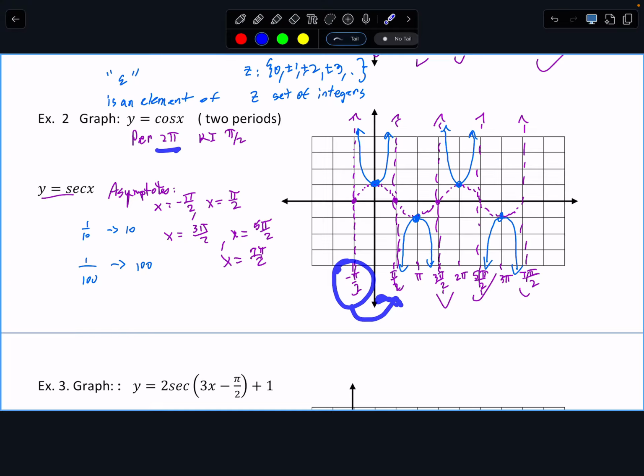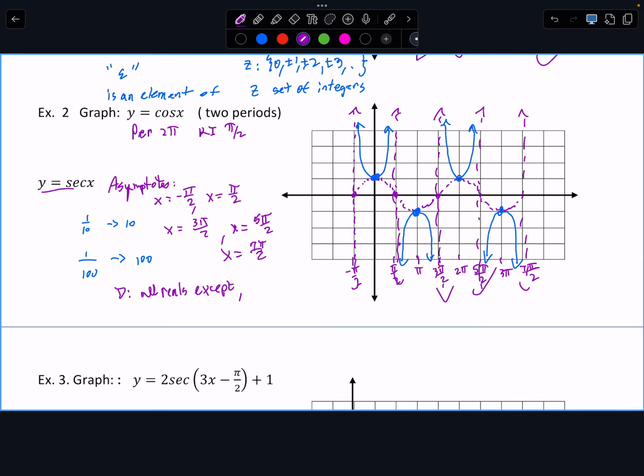And that is how we can talk about the domain. The domain is all reals except, and I know this is the first time you're seeing this, but it's good exposure for some stuff that's coming up. What you can do is pick the value of any asymptote and set it x equals.